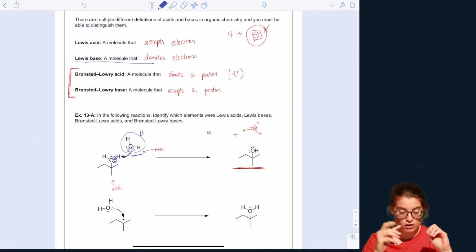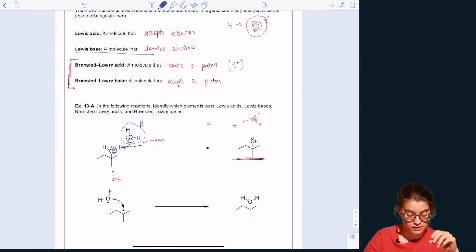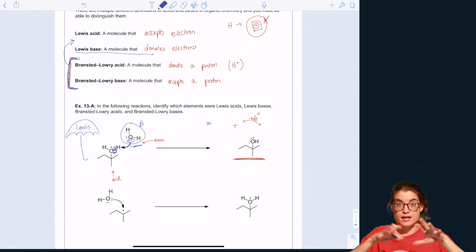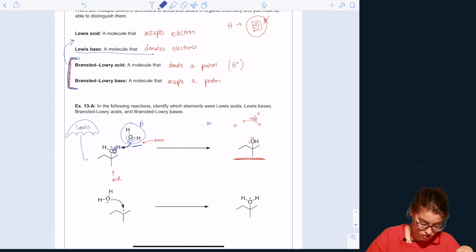So not all, really, and we've talked about this in the general chemistry section, but Bronsted-Lowry acids can be defined as Lewis acids, kind of like an umbrella system, right? So the Lewis definition can be applied to a lot of different reactions.